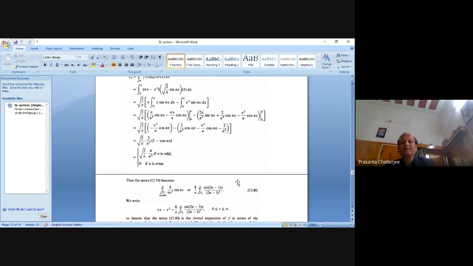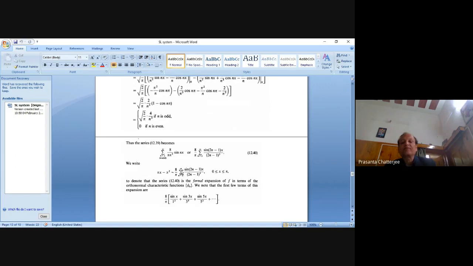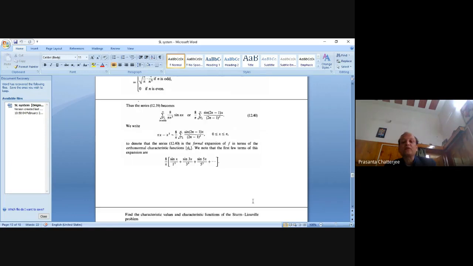So the formal expansion of pi x minus x square will be 8 by pi sum from n equal to 1 to infinity of sin (2n minus 1)x by (2n minus 1) whole cube, when x lies between 0 and pi. This series can also be written as 8 by pi times [sin x by 1 cube plus sin 3x by 3 cube plus sin 5x by 5 cube plus so on].